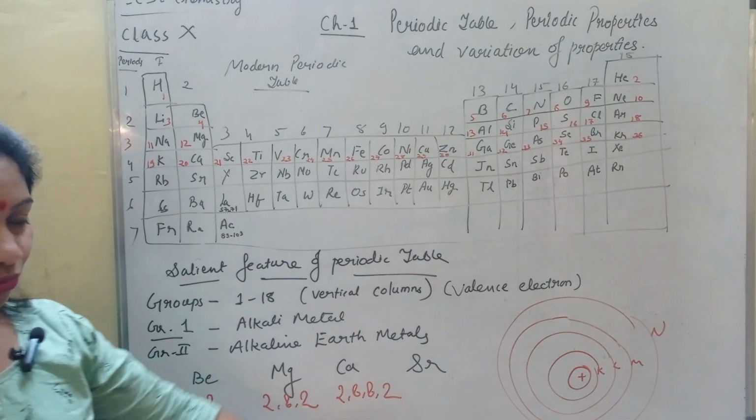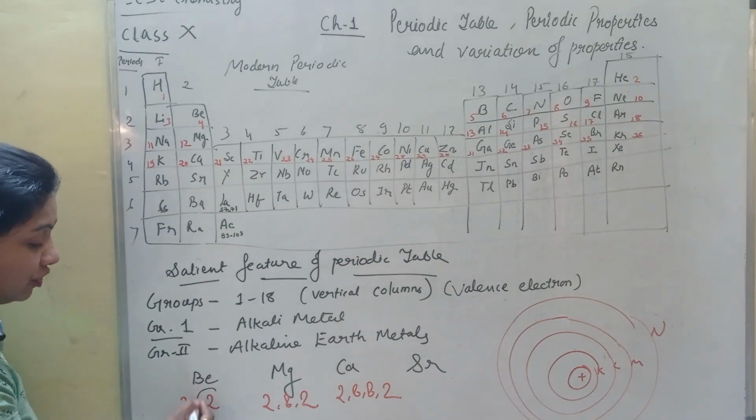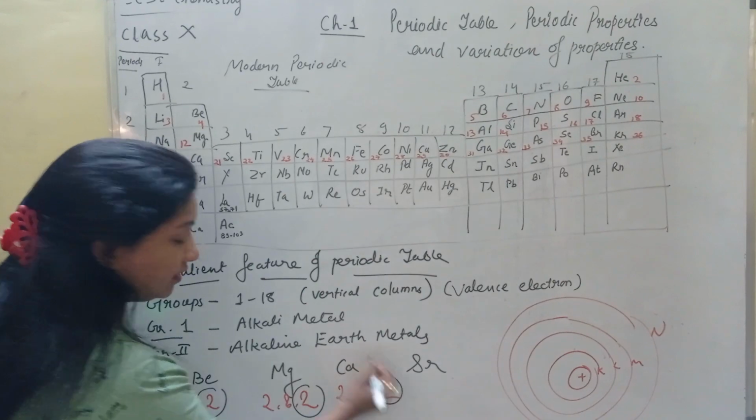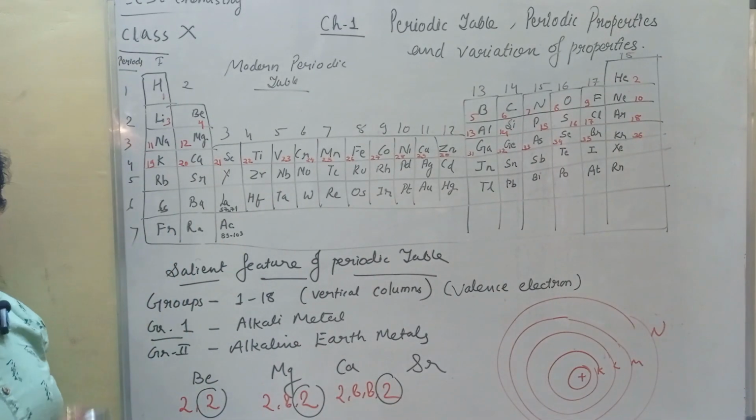So what you can see here is that they have a similar valence shell electronic configuration of 2. That means these elements belong to group number 2.